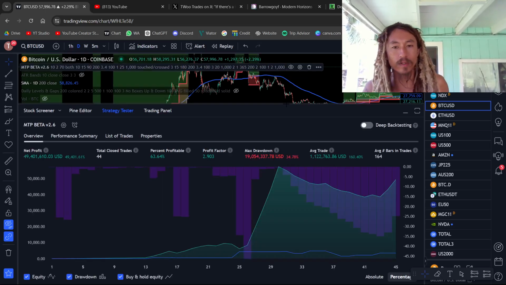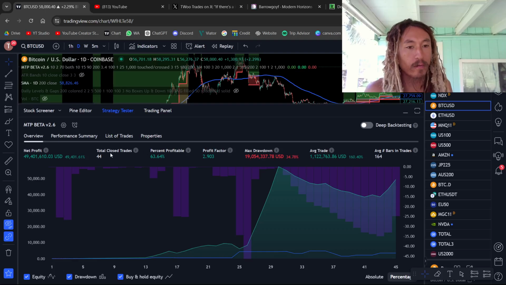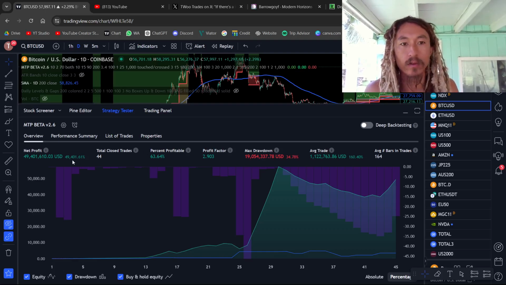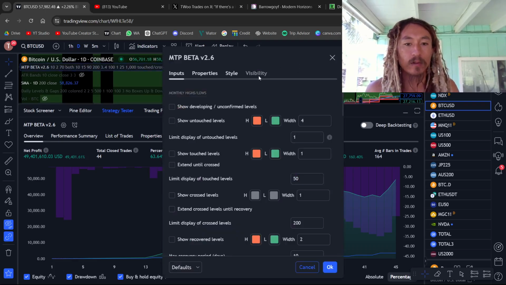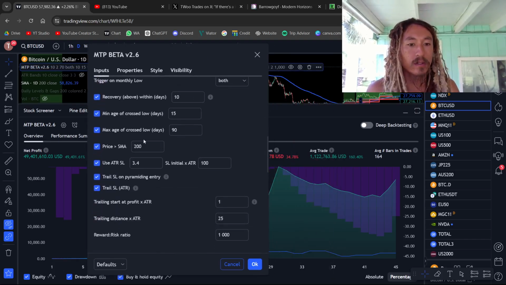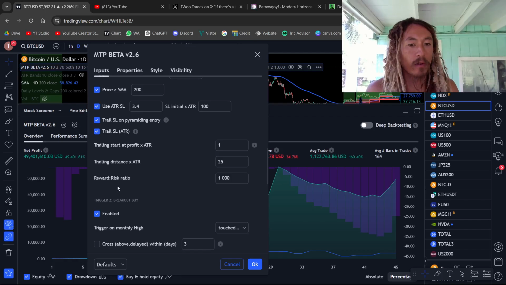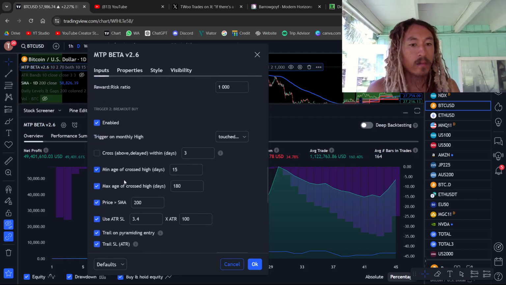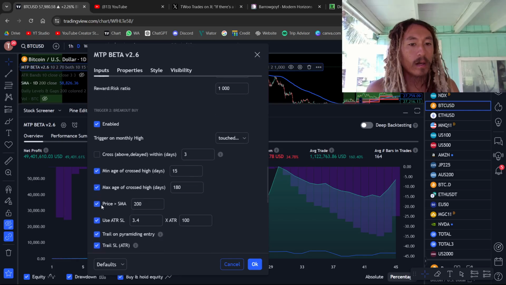Right now, we've got a 34% drawdown for a 49,000% return on Bitcoin with the system. Let's see what happens when we turn the SMA filters on and off. So right now, 49,000% for 34%. Let's turn it off.